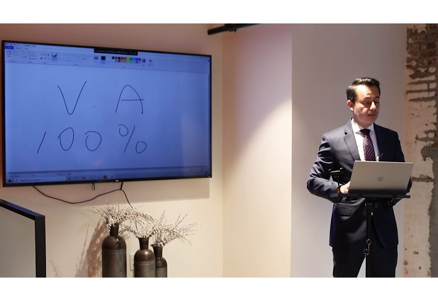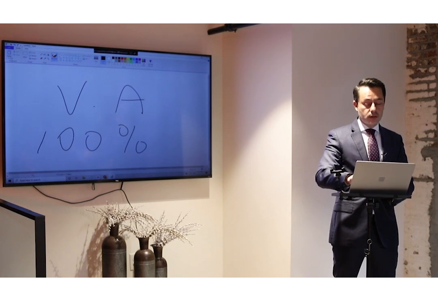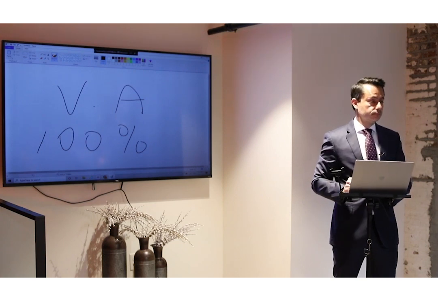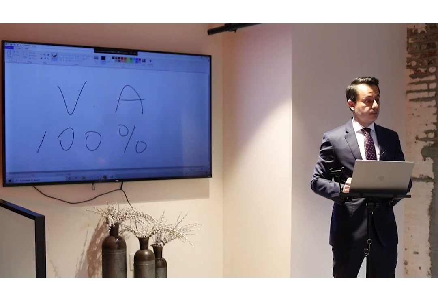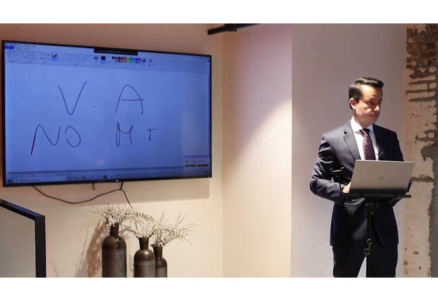Another beautiful thing about it is that you have no mortgage insurance, although you get 100% financing. And I believe there is no fee for the appraisal.